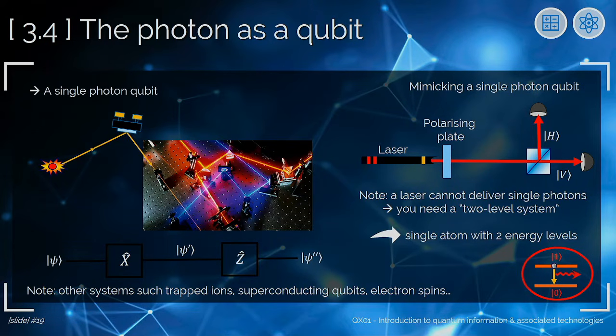So as I said, what was here was a Galton board, and I'll come to that later on. Now what we can do is have a single photon at the single photon level, and then send it to all these optical components that I showed you, and therefore be able to do quantum gates.